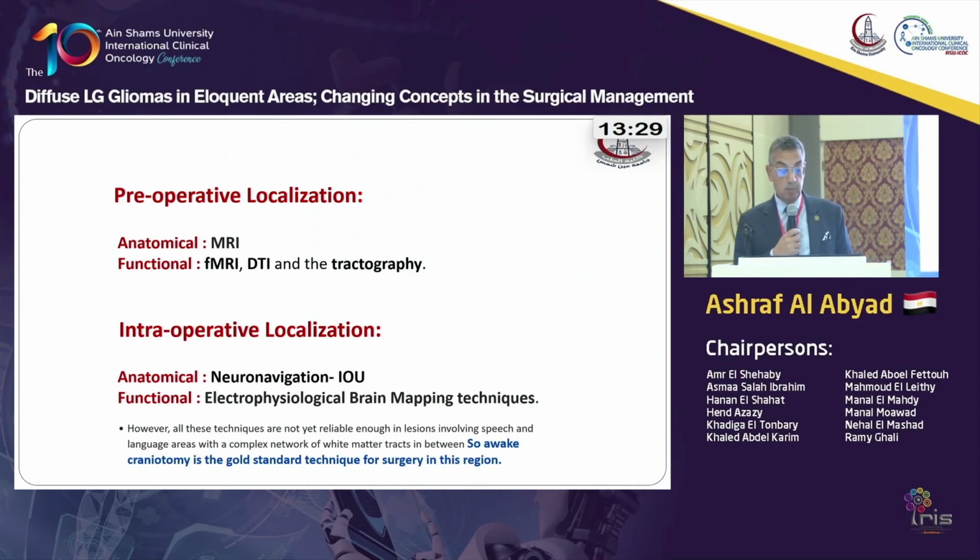But it's important to say all these techniques are not yet reliable enough in lesions involving the language areas, with a complex network of white matter tracts in between. So awake craniotomy is the gold standard technique for surgery in language area.